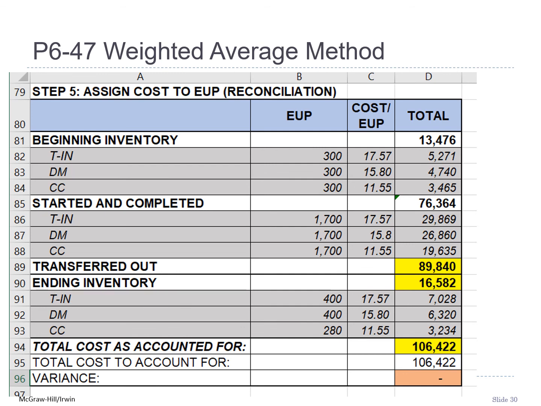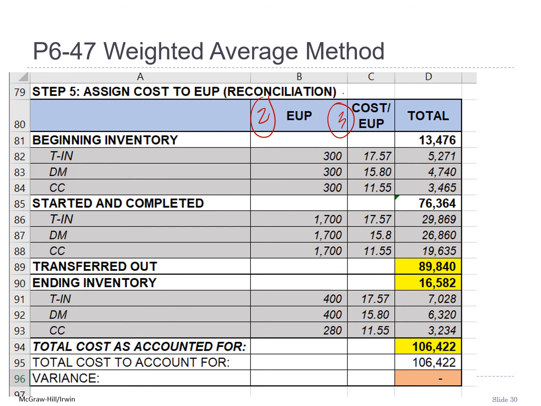So in this part, we also reconcile the costs computed in step 3. Ayan, so this is the same. So yung EUP natin is coming from step 2 and yung cost per EUP natin is from step 3. So as you can see, pare-pareho yung EUP do sa beginning inventory and started and completed because the percentage completion are always 100%.